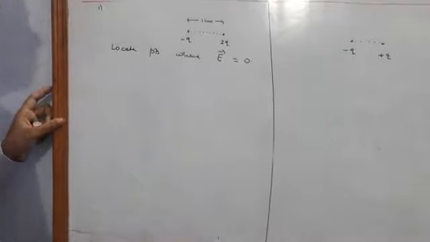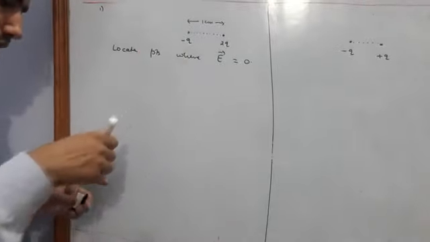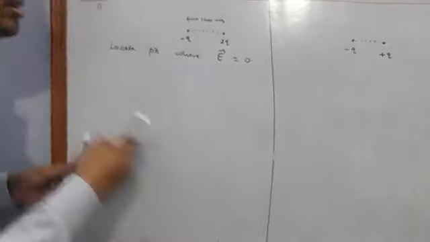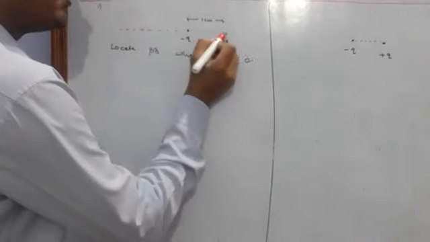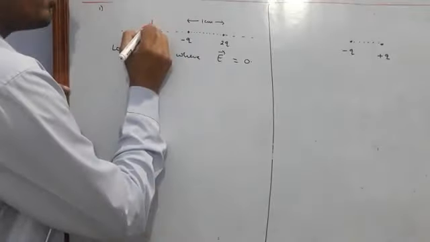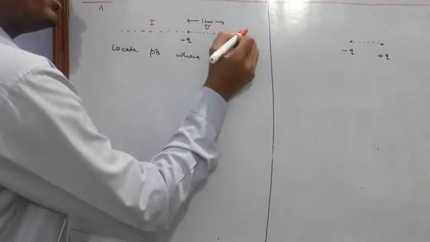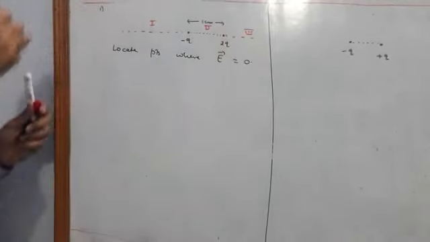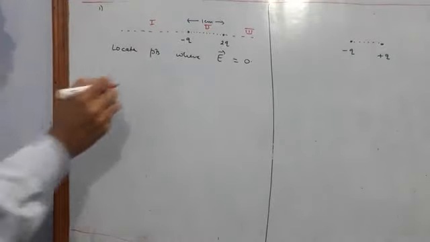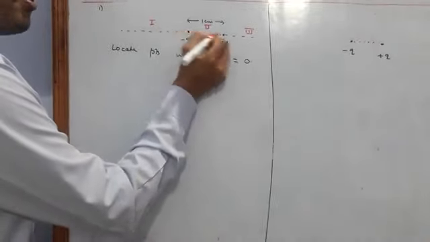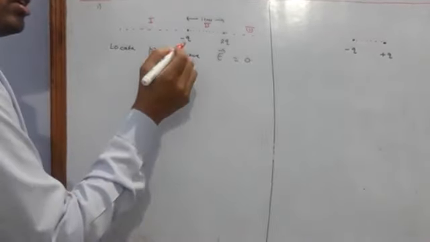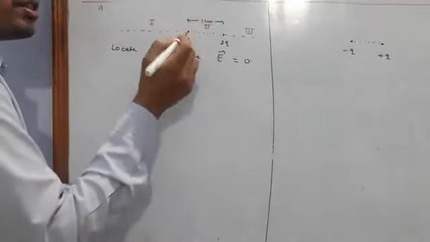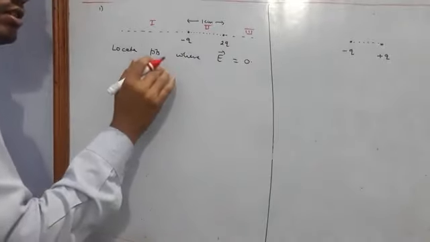Keeping that in mind, now first you see this charge configuration which is given, I can divide it into three parts. This is region 1, this is region 2 and this is region 3. Is it possible that electric field will be 0 at some point in region 2? Why we have to think about the regions? First you have to decide, then only we can solve it.